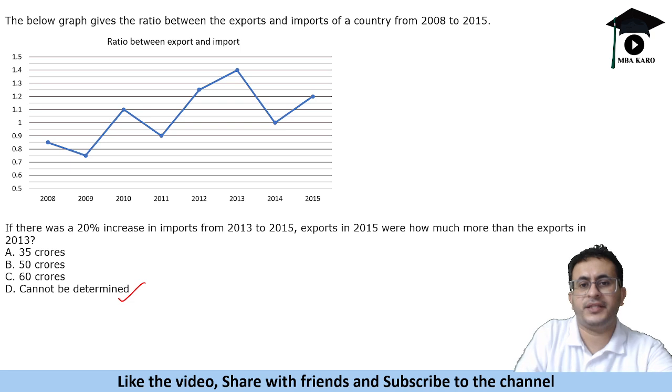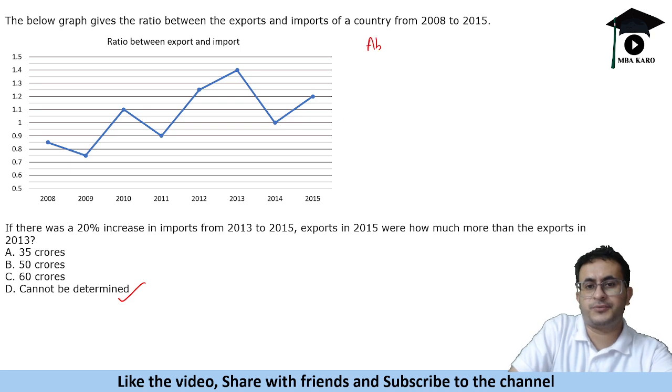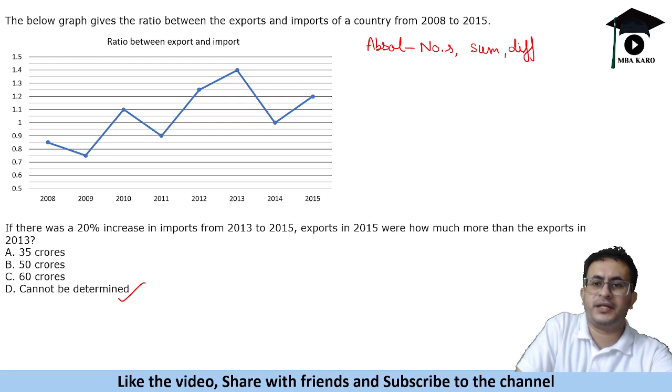Remember, there are two kinds of values: absolute values and relative values. Absolute values are basically numbers, wherever numbers like sum or difference are given. Relative values are percentages and ratios.